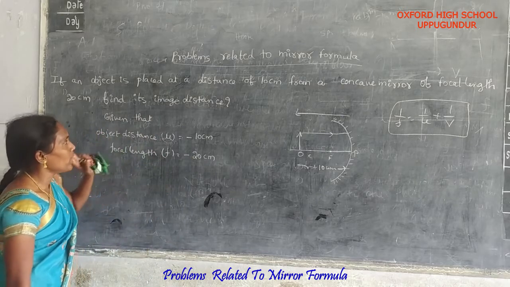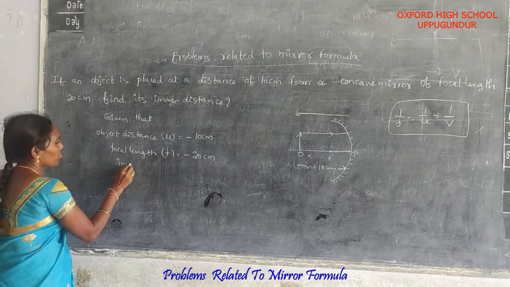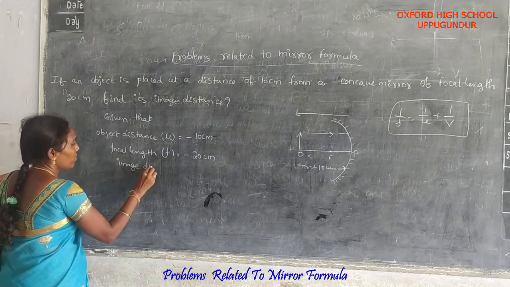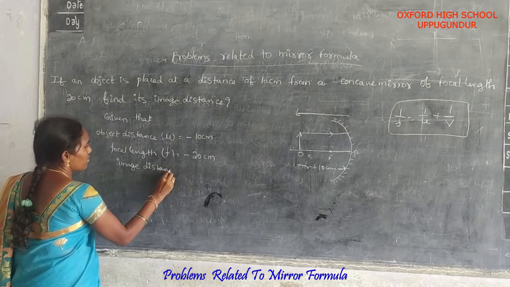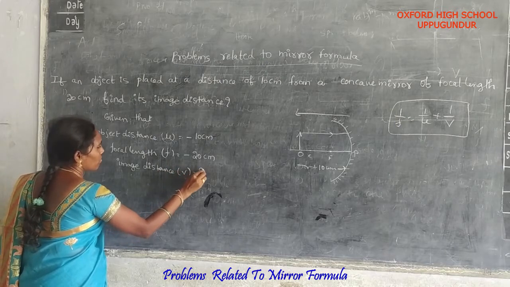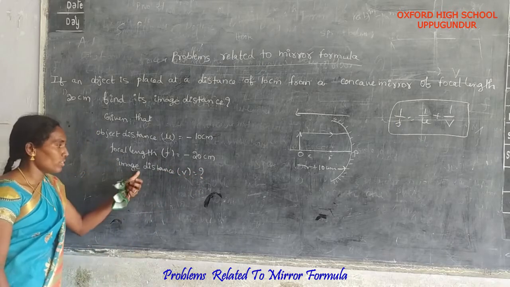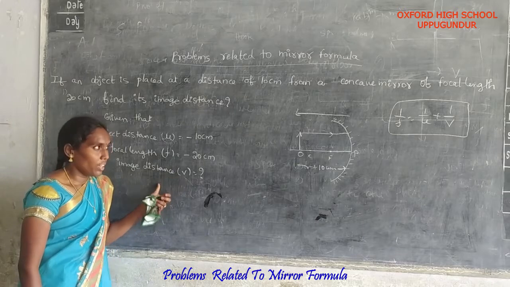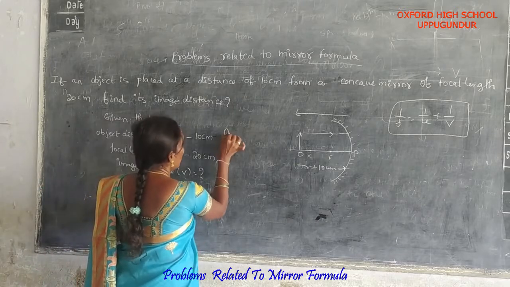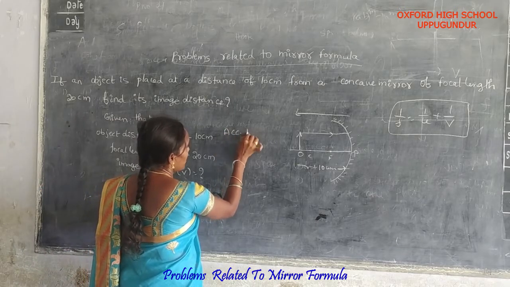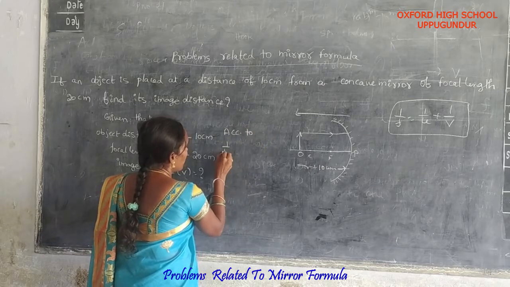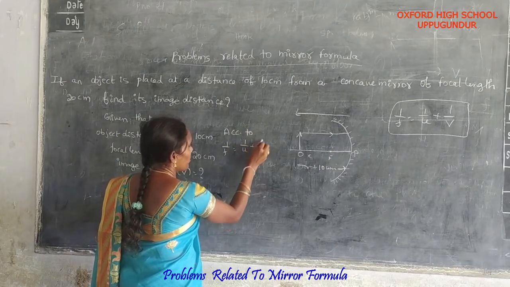Our required value is image distance. Image distance v: we have to find this value. According to the mirror formula, 1 by f is equal to 1 by u plus 1 by v.